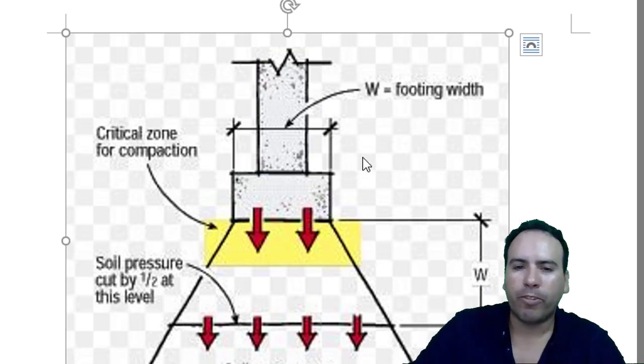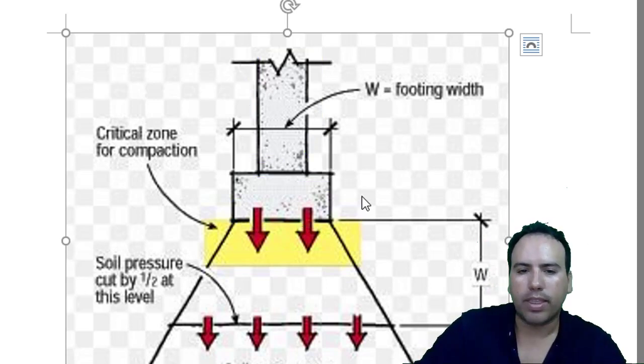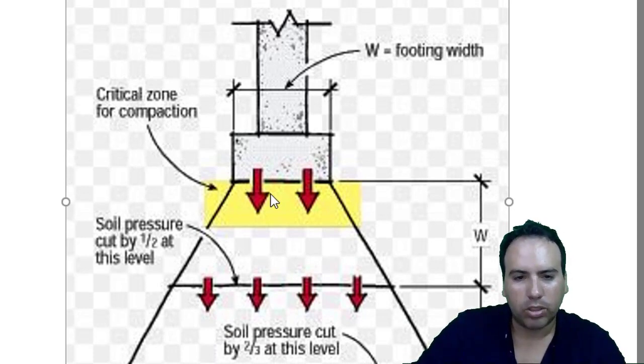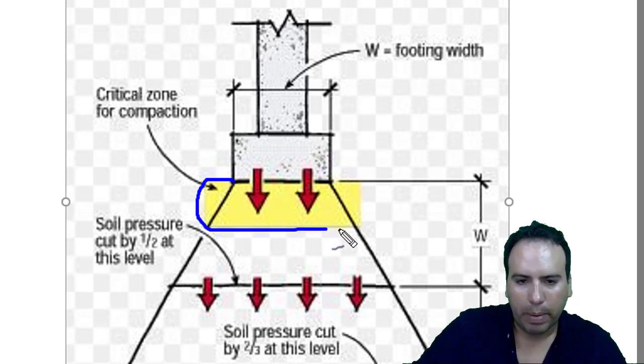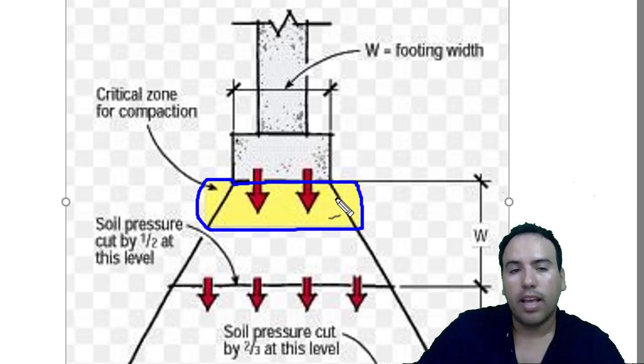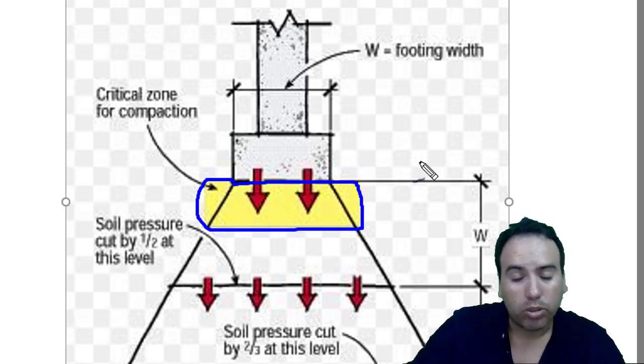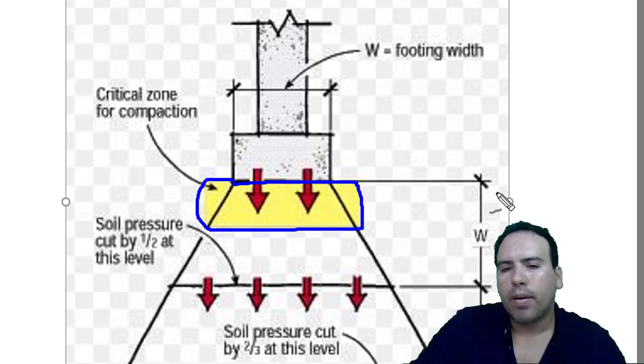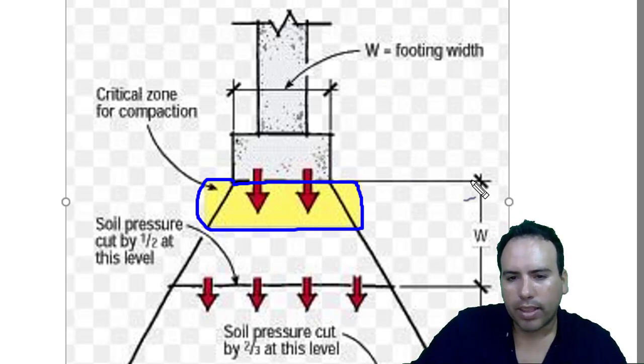Another very important one is the footing width, because there's a critical zone for compaction, so you have to compact all the soil underneath the structure, and it'll be pushing downwards.